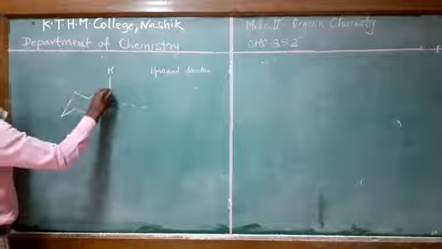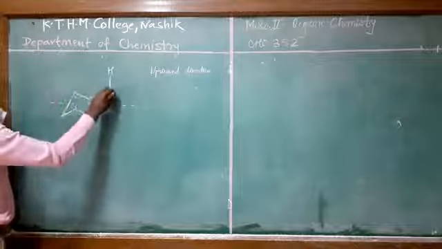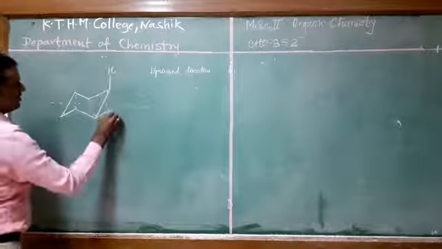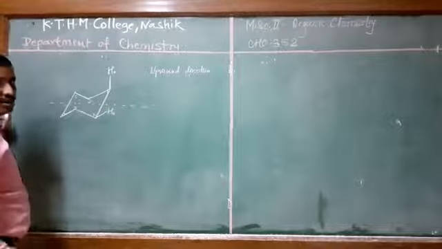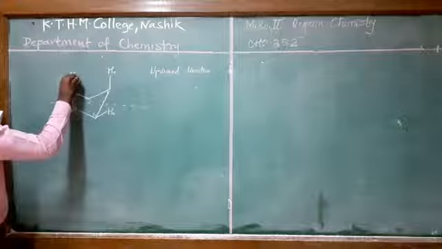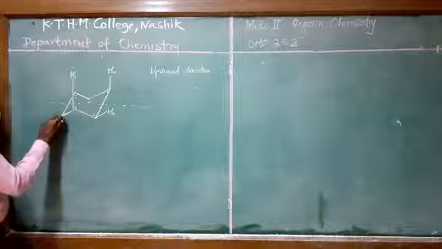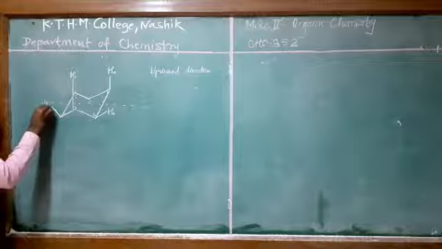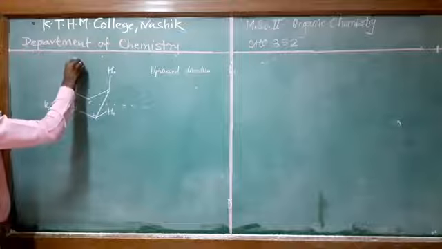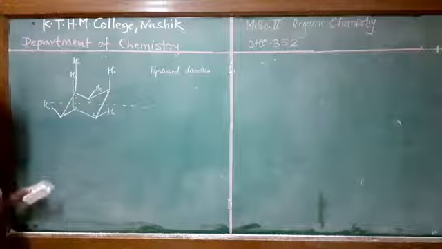So for carbon number 1, 2, 3, 4, 5 and 6: for carbon number 1, the axial hydrogen is in upward direction. For carbon number 2, the equatorial hydrogen is upward. For carbon number 3, axial is upward. For carbon number 4, equatorial is upward. For carbon number 5, axial is upward, and similarly for carbon number 6, equatorial is upward.